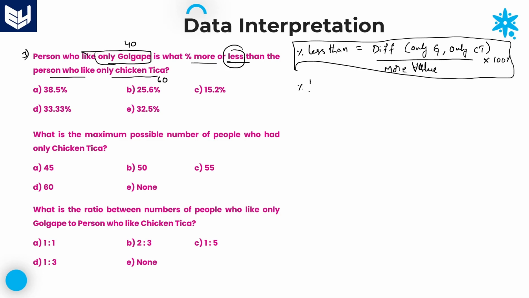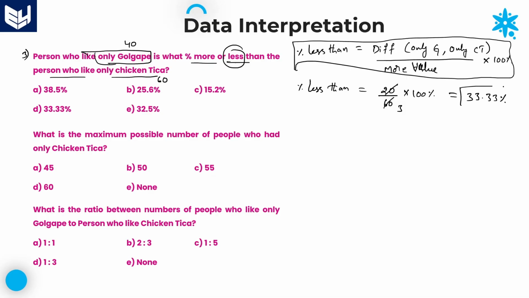Therefore the required percentage less than is equal to, what is the answer? One value is 40, one value is 60, the difference is 20, divided by the high value, which is 60. 20 by 60 into 100 percentage. 20 by 60 is 1/3. 1/3 of 100 is, since the options are given in terms of decimals, so we just calculate with decimals only, 33.33 percentage.